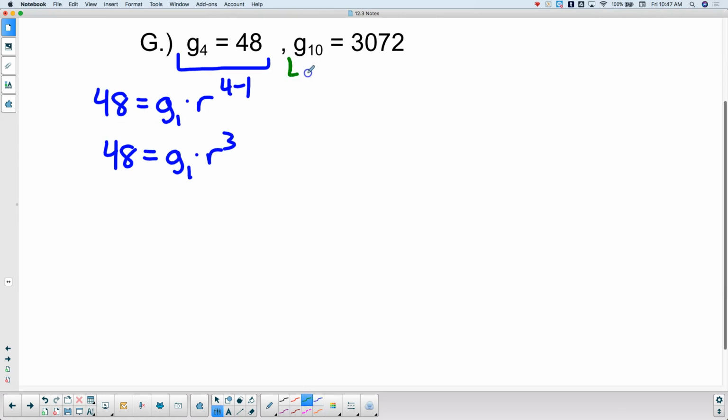Second equation is what? 3072 equals g sub 1 times r to the 10 minus 1, so that's 9.